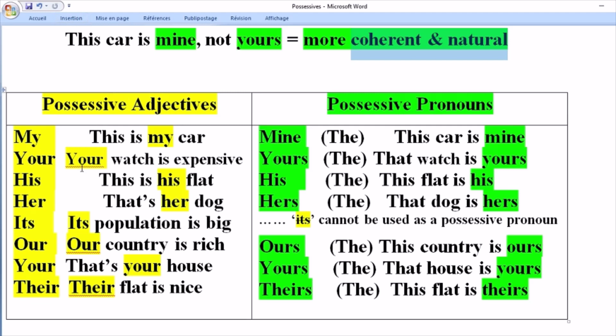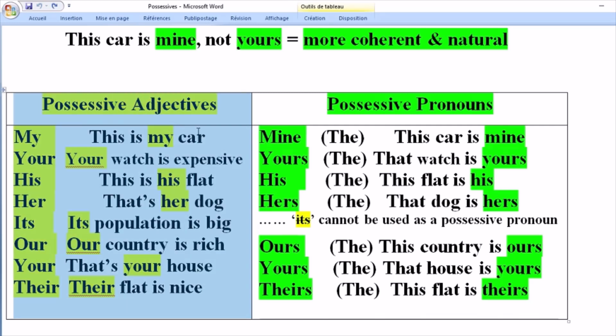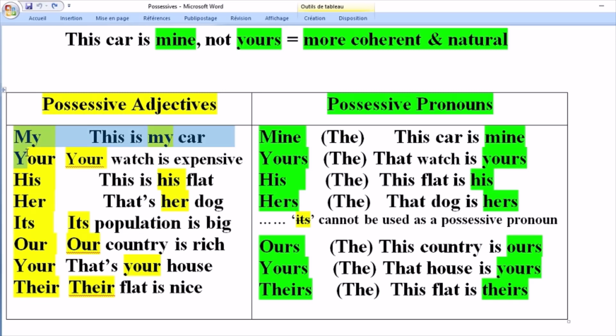The first category, we have got possessive adjectives here in yellow. For example, my. These are the possessive adjectives: my, your, his, her, its, our, your, their. And possessive pronouns, you have got mine, yours, his, hers.